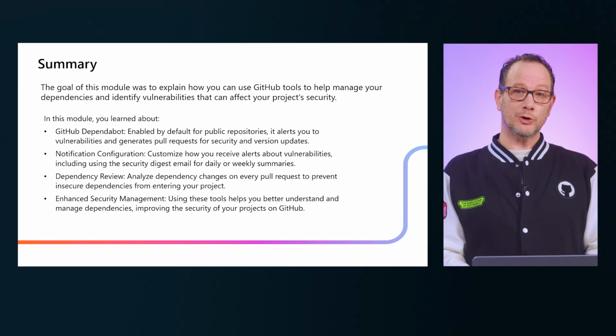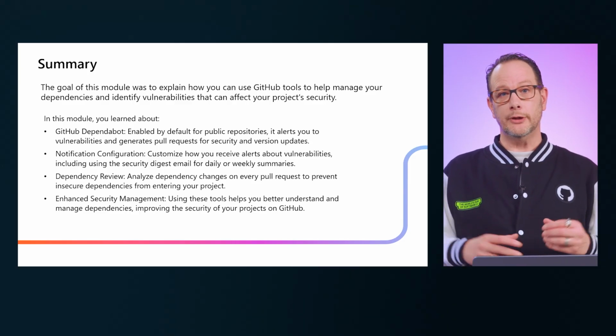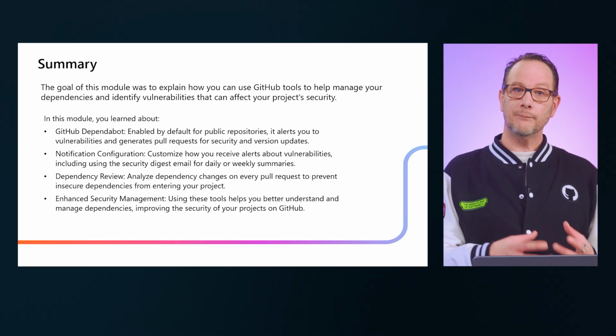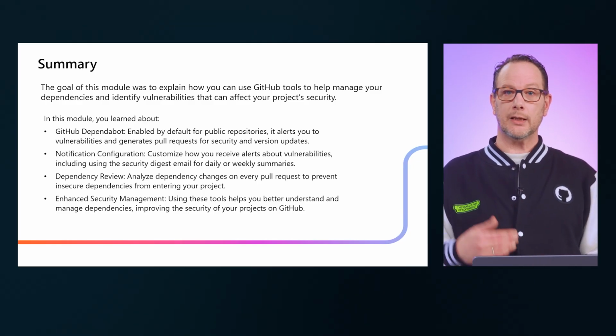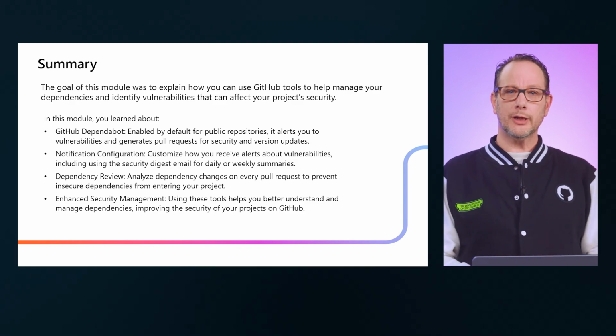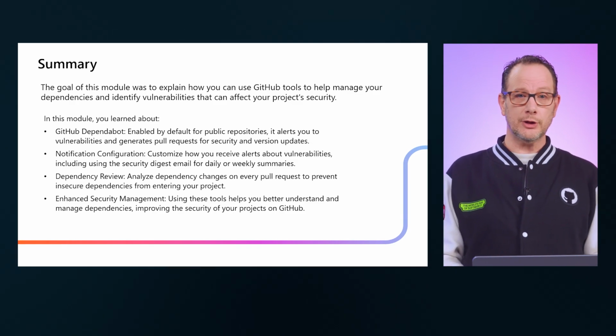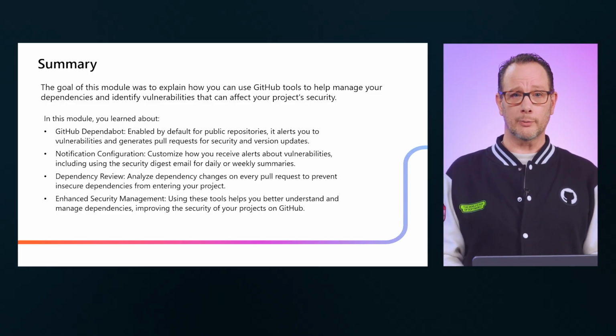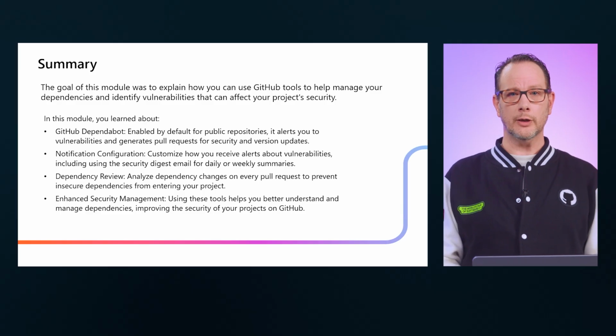The goal of this module was to explain how you can use GitHub tools to help manage your dependencies and identify vulnerabilities that can affect your project security. You learned how to configure your notifications based on how you want to receive alerts about those vulnerabilities in your code repository.